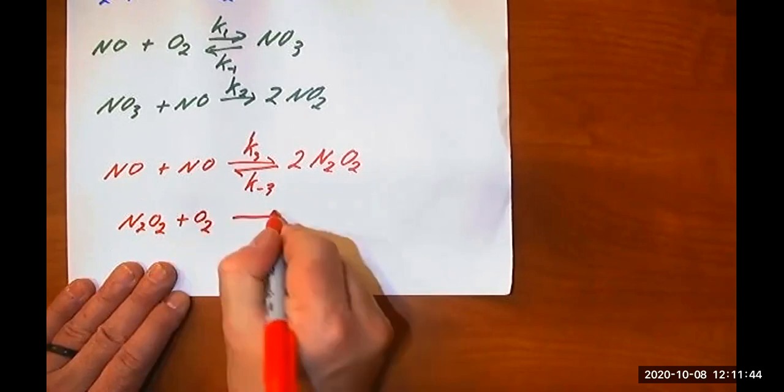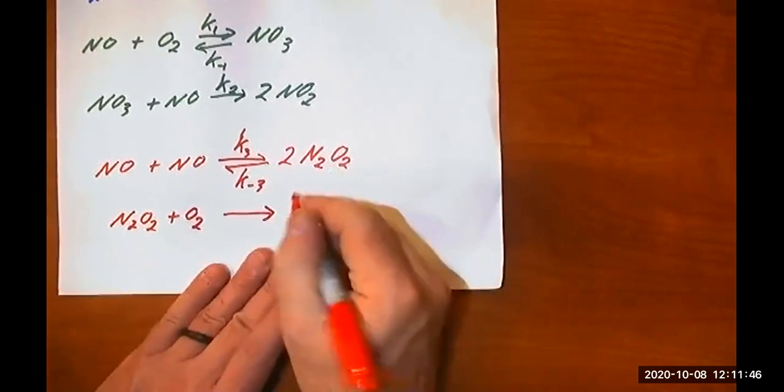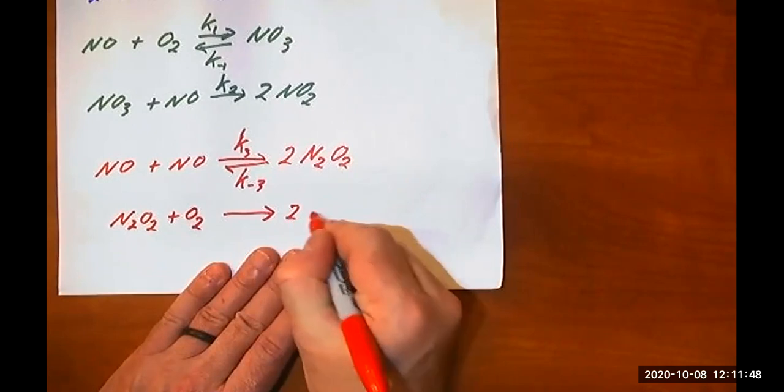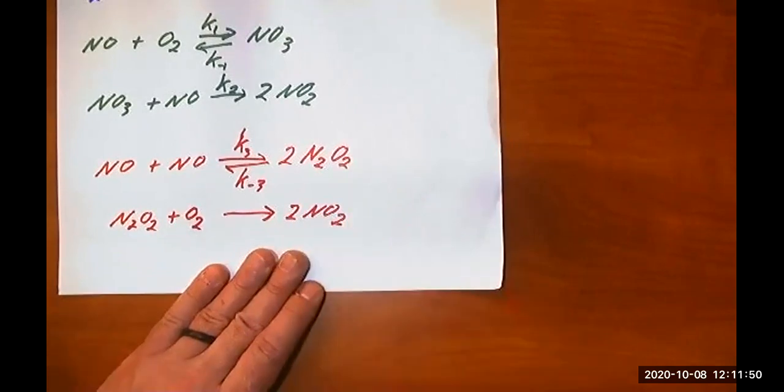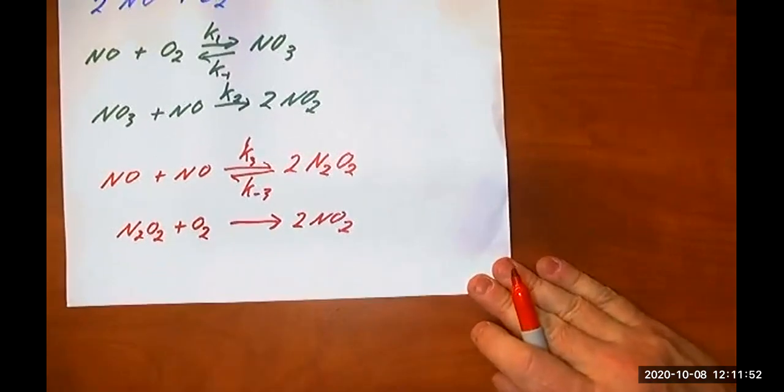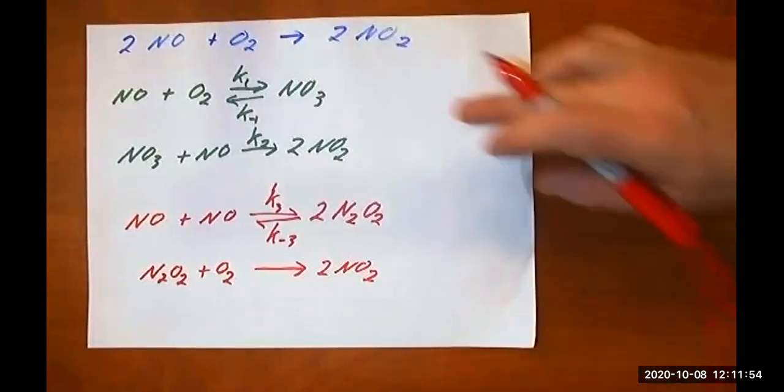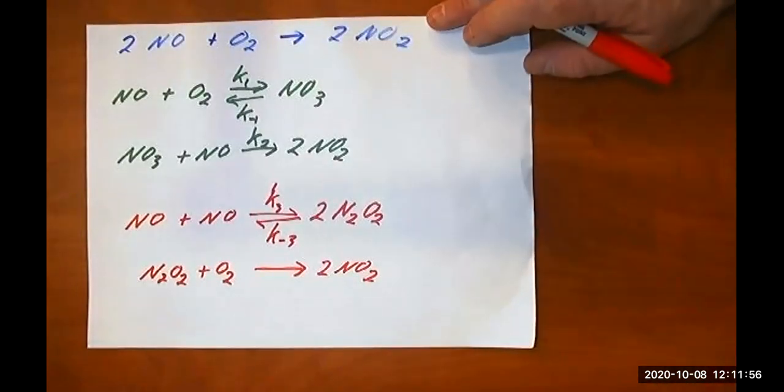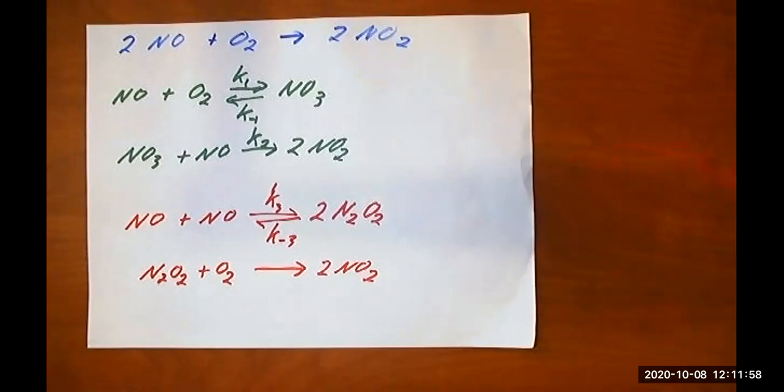And then N2O2 plus O2 goes to 2NO2. And so both of these have the same overall reaction, and they are both proposed mechanisms for how this top blue reaction happens.